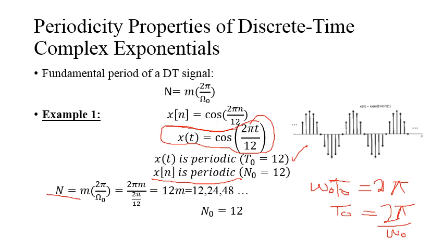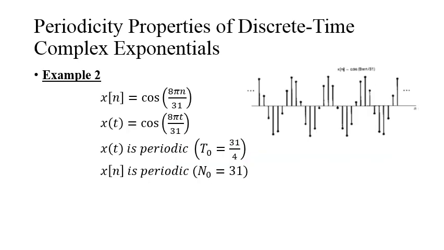We know m is a positive integer, so putting m equals 1, the period is 12; m equals 2 gives 24; m equals 3 gives 36, and so on. The smallest value of this period is 12, so the fundamental period of this discrete time sequence is 12.